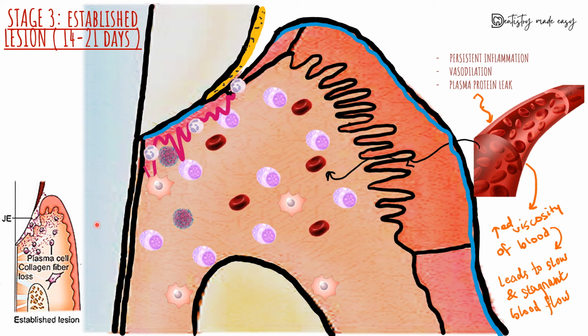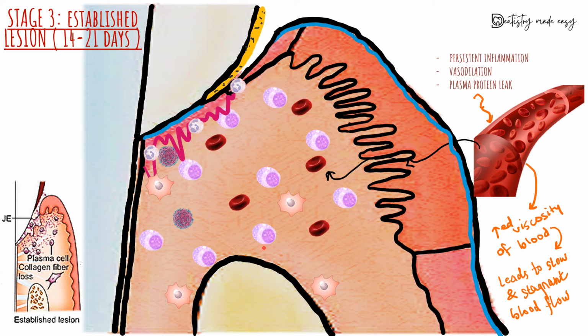In this, the intercellular spaces are filled with certain granular substances or debris, which are known as lysosomes. So in this junctional epithelium, you will see lysosomes which contain acid hydrolases that destroy the tissue component.